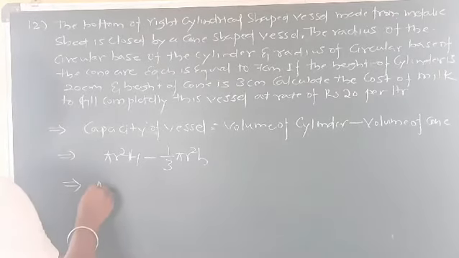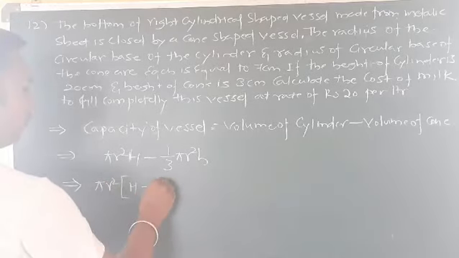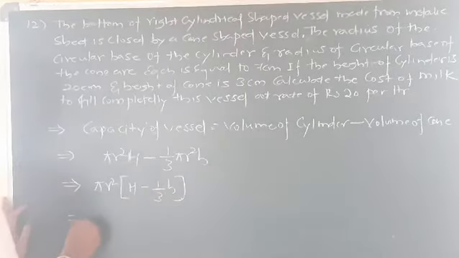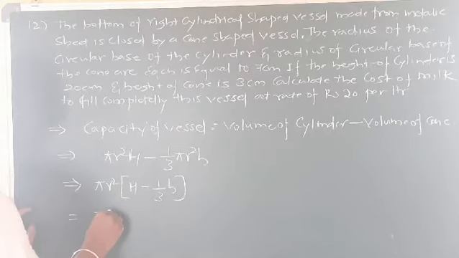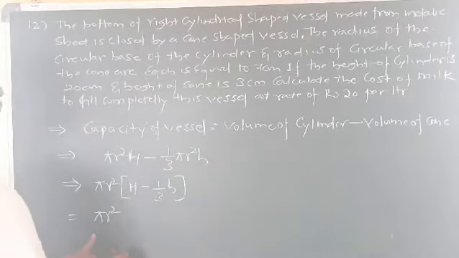Yes, we have pi and r square, we'll take pi r square common. So remaining capital H minus 1 by 3 into small h. Now pi r square, is the formula correct? Yes, correct it is.